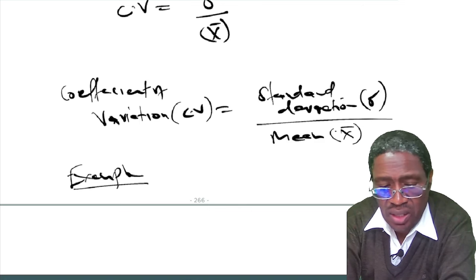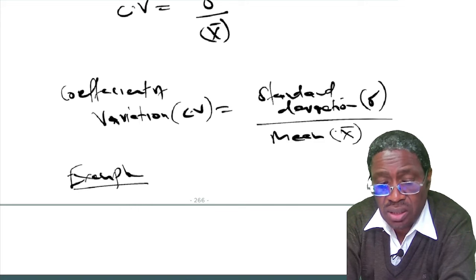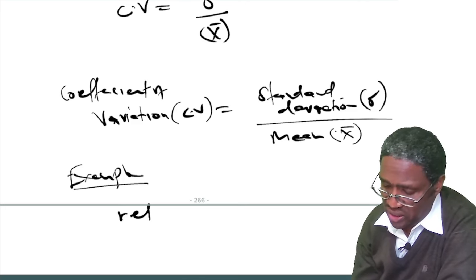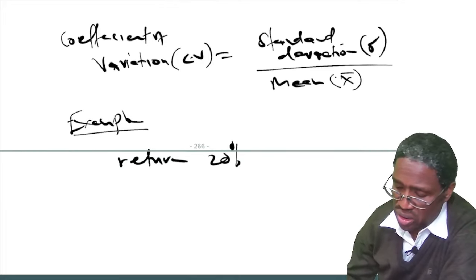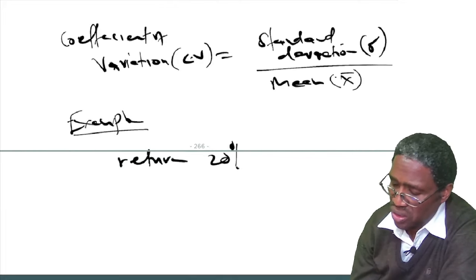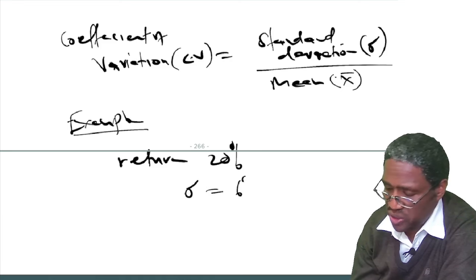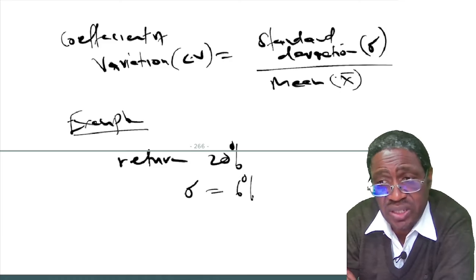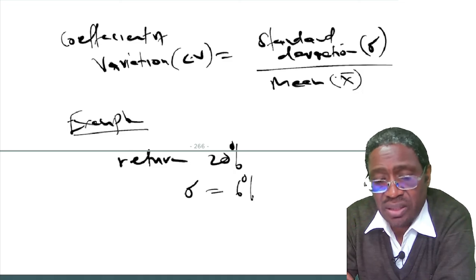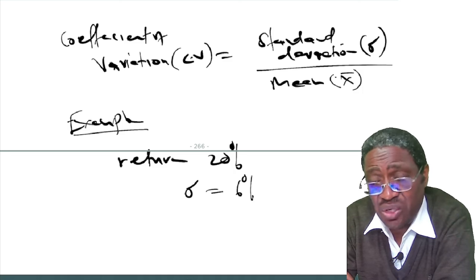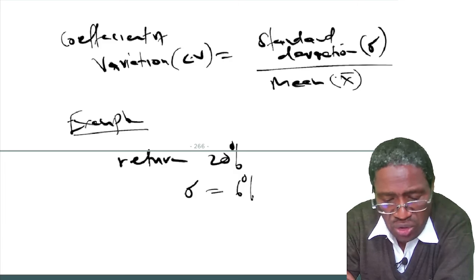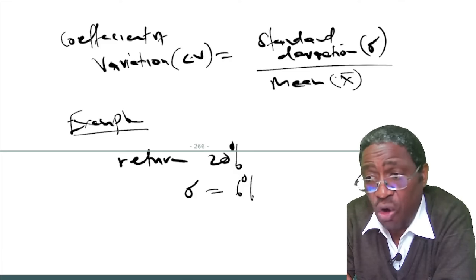Security X has an average rate of return of 20% with a standard deviation of 6%. Calculate the coefficient of variation.